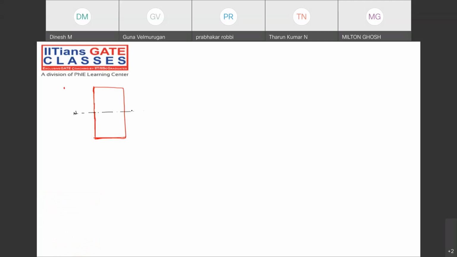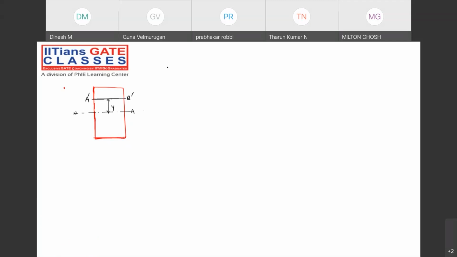This is the neutral axis, my dear friend. Suppose I need to calculate the shear stress at a distance of y. This is the fiber AB, A dash B dash, where I need to calculate the shear stress. Now, how to calculate this?